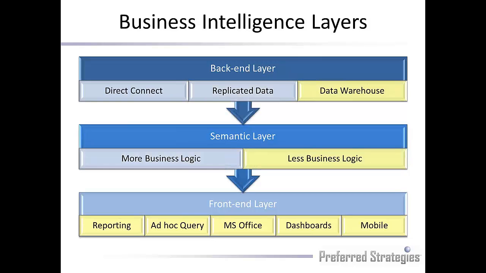And the data warehouse, since you're pushing out back to the data and the transforms to some degree, that might be a little less complicated in the semantic layer. So this is just if you're building all this from scratch, this is really good to know. If you're buying it, it may not be a big deal if the semantic layer is a little bit more complex in one versus the other.